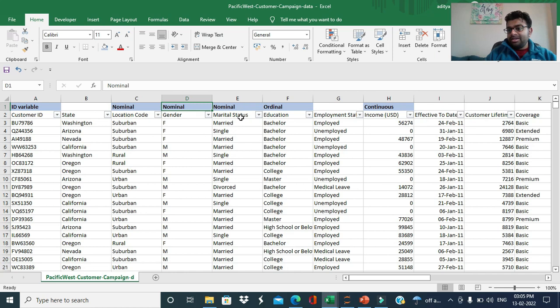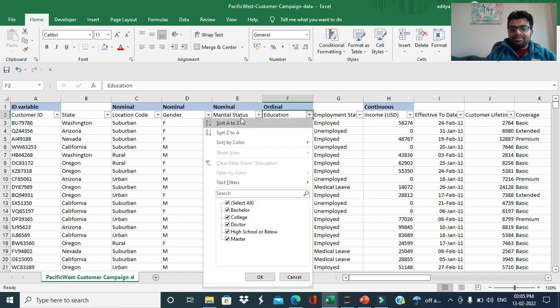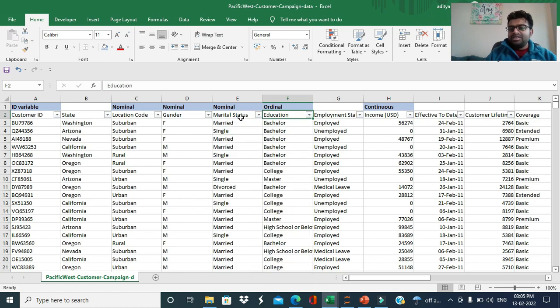Gender is again a nominal variable which has two categories, male and female, likewise marital status and so on, right? In the education variable, we have bachelor, college, doctor, master, and so on. If you want to convert this into an ordinal variable, you can do it, because there is a certain order in which these qualifications are achieved, right?